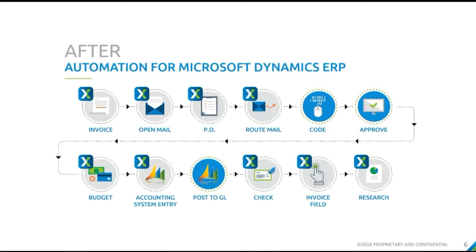Where you don't see it, so the blue circles, are going to be any step in your process today where you will still maintain control, because that is a step that is really critical to your business internally. Wow. So all these areas that are in gray can be eliminated by AP automation, including the opening the mail and the routing and the approval, but then we're going to leave it for them to check the coding.